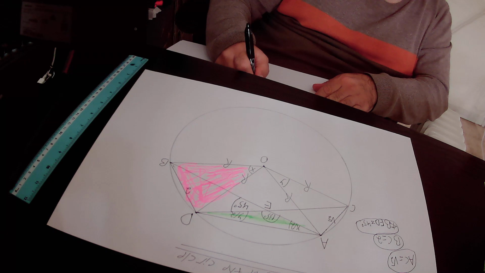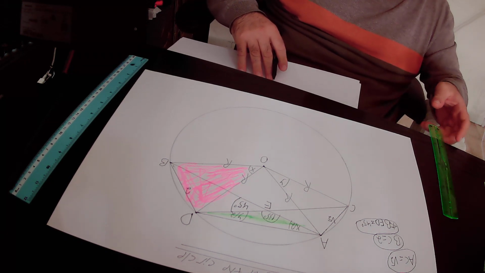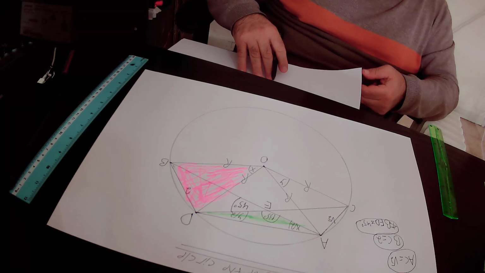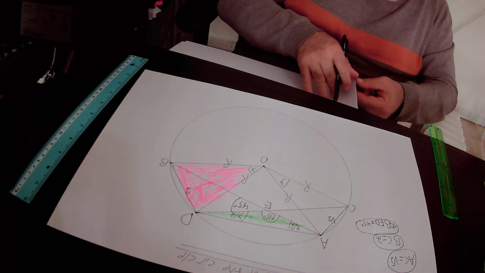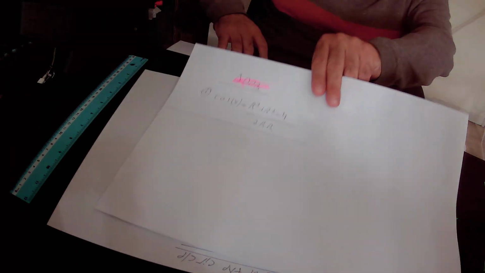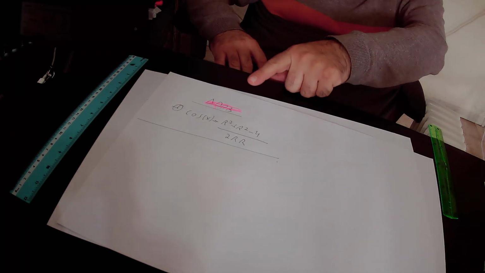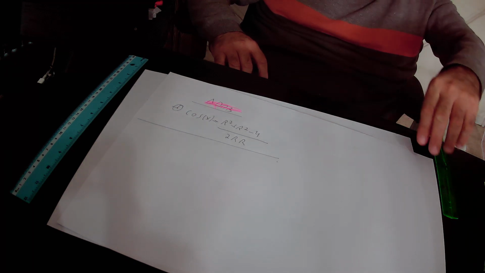So actually we found out that according to the law of cosines, the pink triangle DOB, cosine x equals r squared plus r squared minus 4 over 2 times r times r.